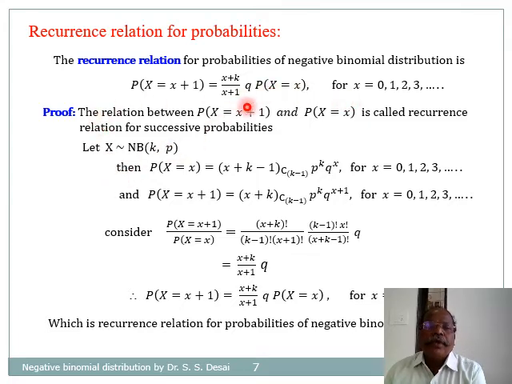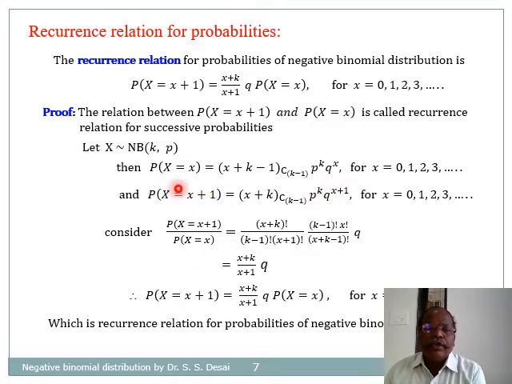For proof, let us consider X follows negative binomial distribution with parameters k and p. Therefore, P(x) is equal to (x+k-1)C(k-1) p^k q^x, and P(x+1) is equal to (x+k)C(k-1) p^k q^(x+1).